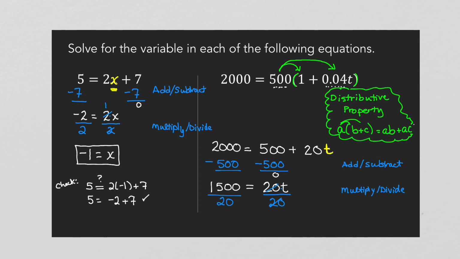So instead of multiplying, we divide. 20 divided by 20 is just 1, and 1 times t is just t on the right, and 1500 divided by 20 is just 75 on the left. Pull out your calculator and check. t equals 75 is the solution to this equation. It's not too bad when you go step by step, is it?